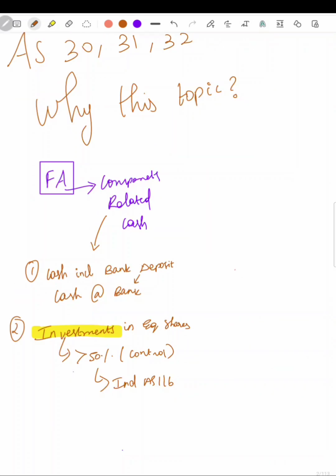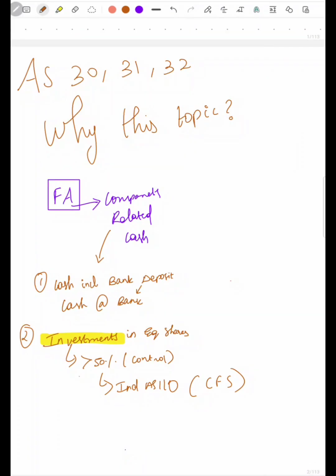Okay, so I'm sorry, that is not Ind AS 116, it is Ind AS 110. If there is more than 50% control, we call that Ind AS 110, under consolidation. Actually the related standard is not Ind AS 116, it is Ind AS 110. If it's more than 50%, we call that control, not an investment.